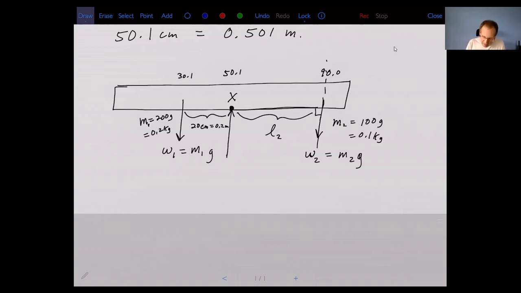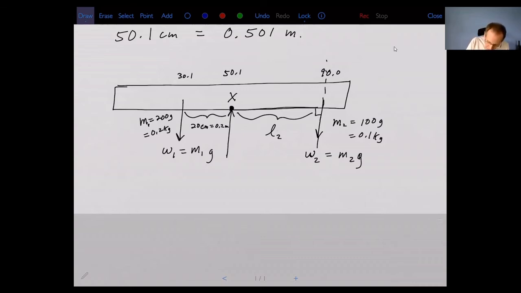Then you're asked to sum the torques about this rotation point, which is where the center of mass is, where that knife edge is. Think about what's going on here. I actually have 4 forces acting. I have the 2 obvious ones: W1, the weight pulling down, which is really the tension in the string in contact with the meter stick pulling down, and weight 2 pulling down.